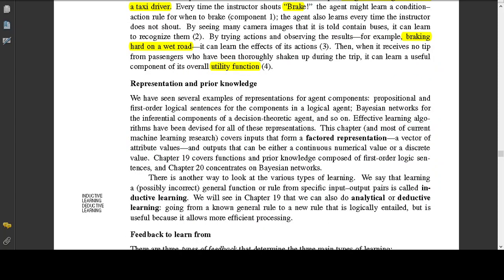Next, we have the representation of knowledge and representation of the prior knowledge. We have seen several examples of representation of an agent's components, discussed in earlier chapters. The knowledge can be represented using propositional logic, or using first order logical sentences.